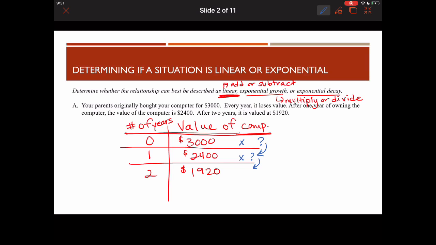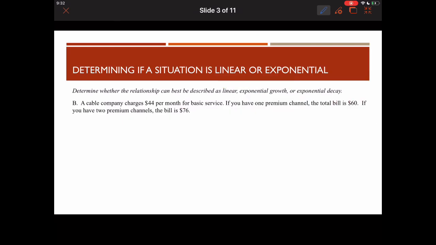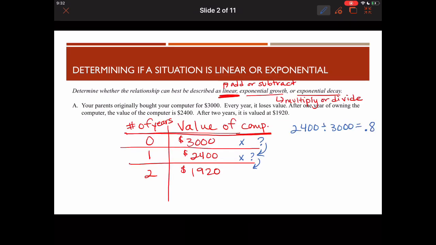So if we can take 2,400 and divide by 3,000, get out your calculator, do that real fast, you're going to get 0.8. So now the question is, if I take $1,920 and I divide by 2,400, use your calculator and check that real fast, you're going to get 0.8 again.